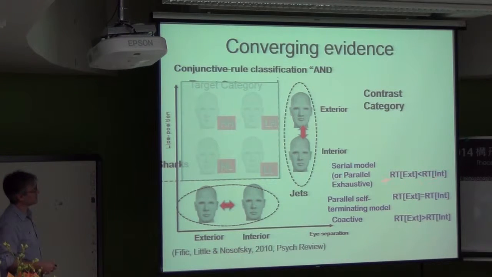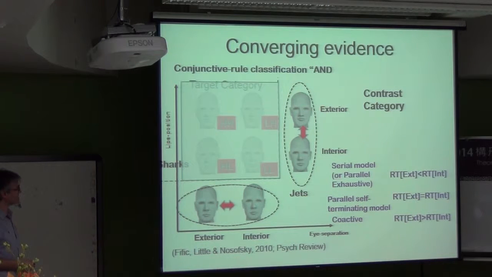Under certain conditions, reaction times when we compare exterior to interior, remember, will indicate a serial exhaustive model, or they're equal, they will indicate a parallel synchronizing model, or they're coactive, indicating coactive processing. So comparing these two could also be used as another indicator of underlying processing.